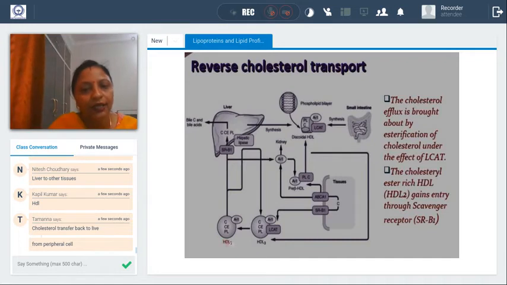You can see here the small intestine, phospholipid layer, and this is the liver, hepatic tissue, HDL2 and HDL3, and this LCAT. This is the discoidal nascent HDL, and again these are spherical HDLs.